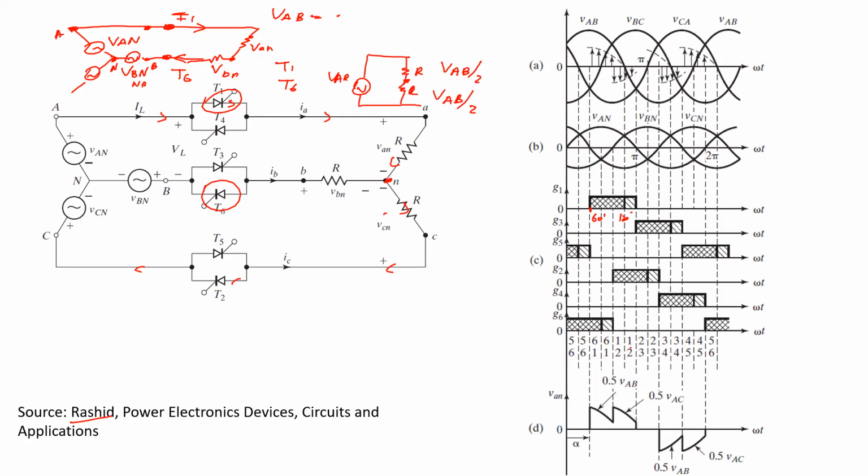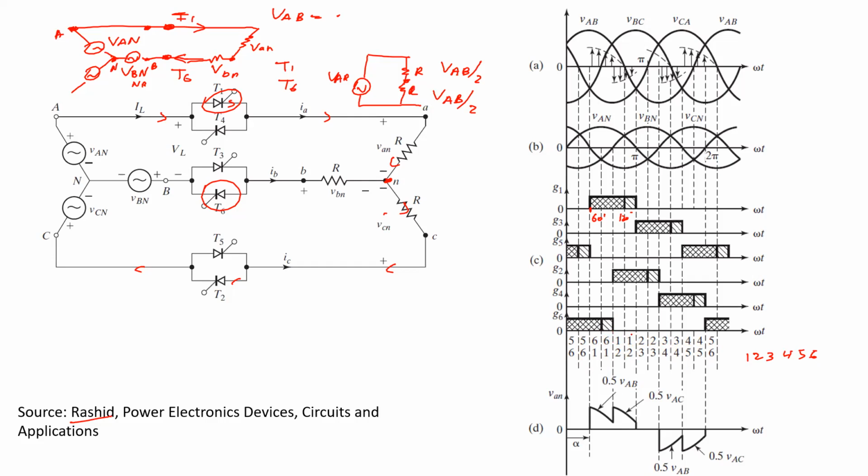In a 3-phase converter, this is the firing configuration, because you will see 1, 1, 2, 2, 3, 3, 4, 4, 5 is here and 6 is here.